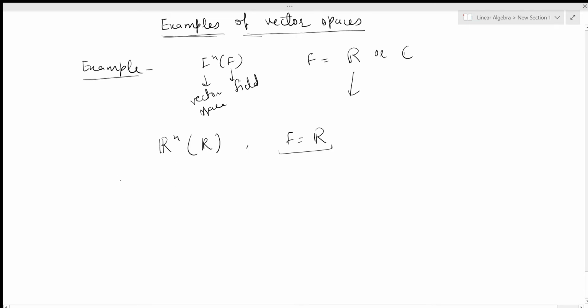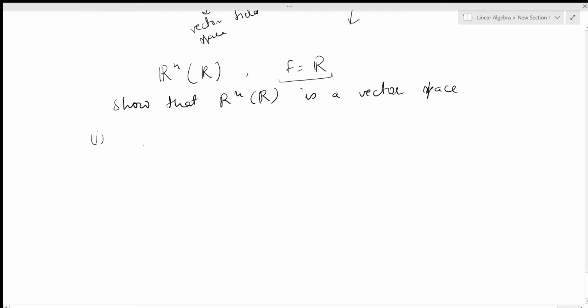So to show that Rn over R is a vector space, what we have to do is prove all the 8 properties. So let's start with closure of addition and scalar multiplication. So guys, what is the closure property?